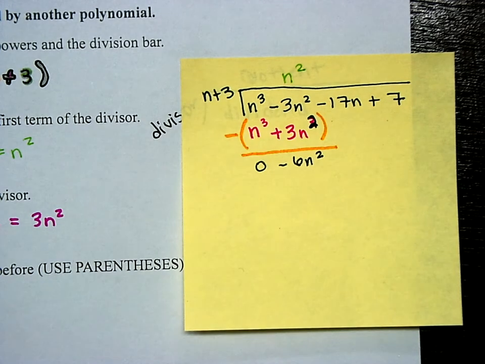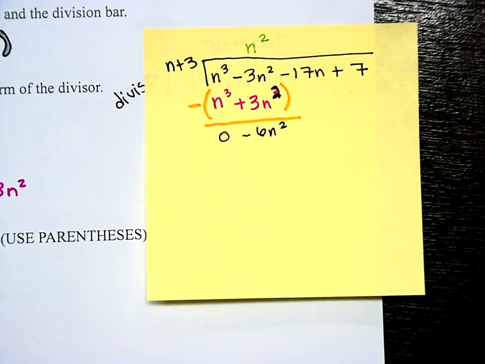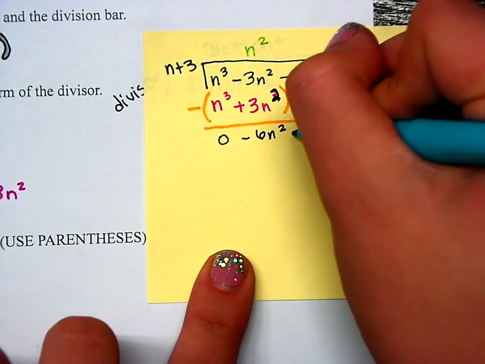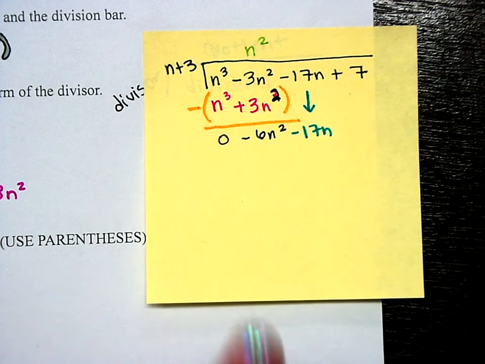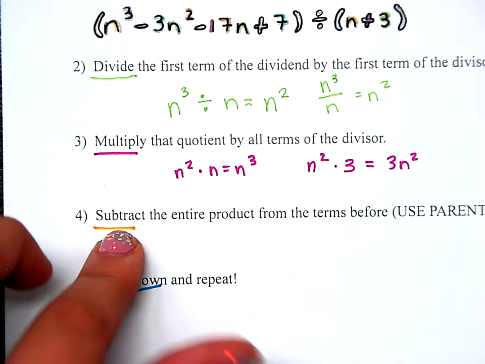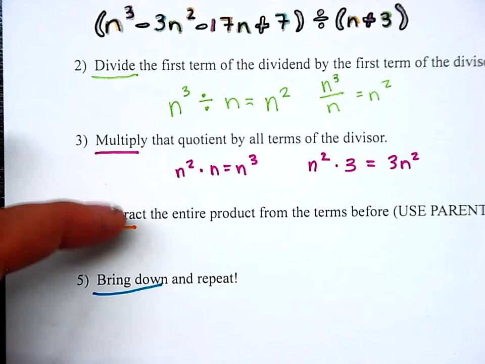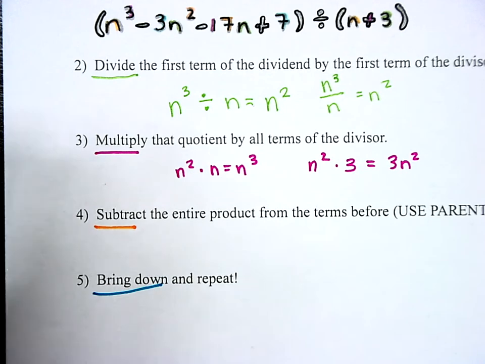Then my last step, just like with regular long division, is to bring down and repeat. So in blue, I'm going to bring down this negative 17n, and I'm going to repeat everything over again. So I'm not going to go back to these right here, but let's just remember in my head, we're going to divide, multiply, subtract, bring down, just like with regular long division.